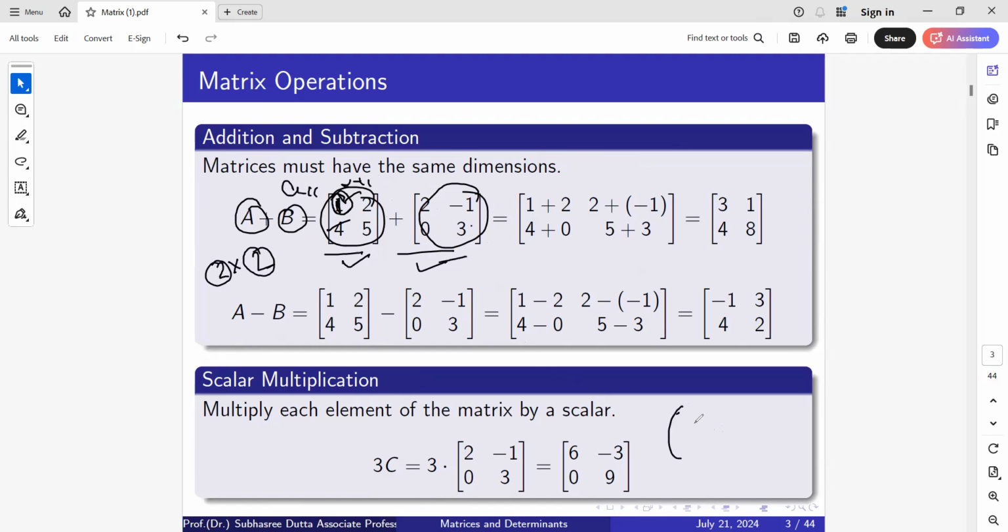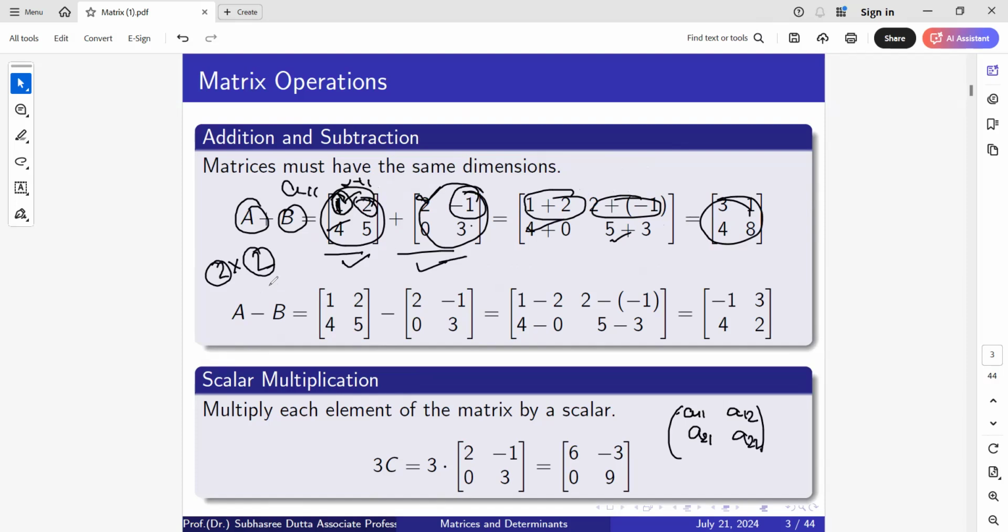A matrix you can write in this way: A11, A12, A21, A22. So this one will be added with B11. So this is the first element. A12 will be added with B12. So this is the second element. Similarly, third and fourth. So this is the output matrix.